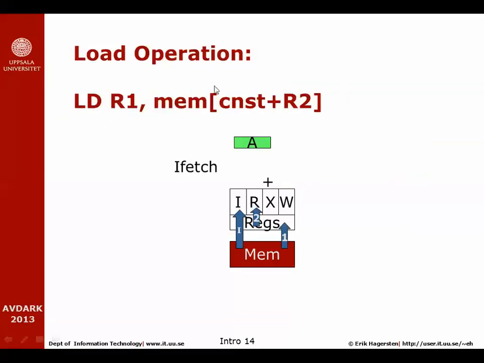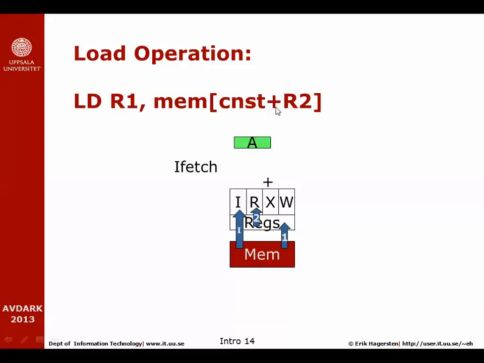If we load the value from some memory location into a register, once more in the I stage we're going to load the instruction from memory. In the R stage, we're going to read the register value 2, because we need it to calculate the memory location where we would like to load the value from.